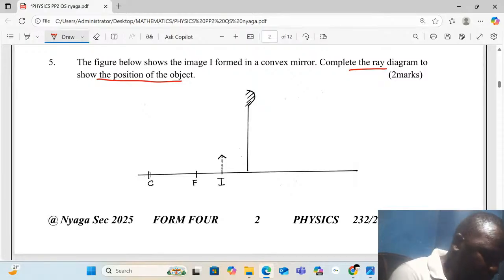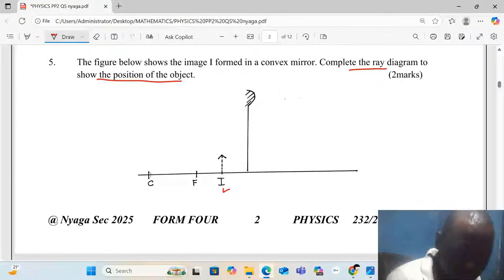So you can see where we are having our image forms. So we need to follow the rules of the rays that are being applied. Therefore, since we are having the image, we need to trace back the object. So we are going to use reversibility.